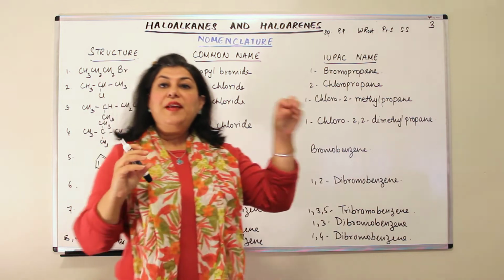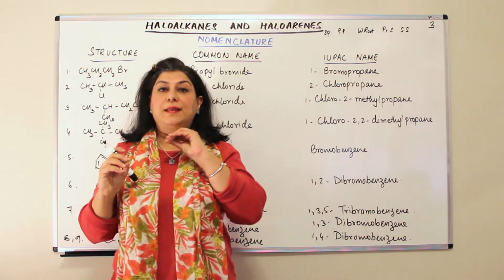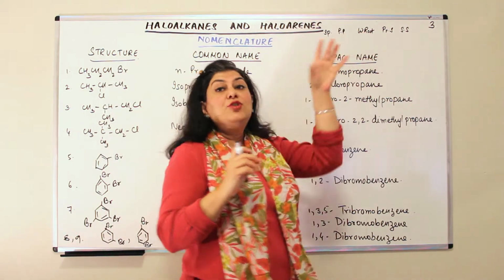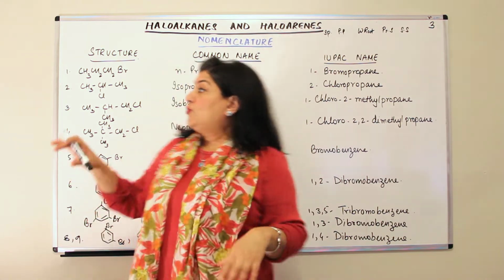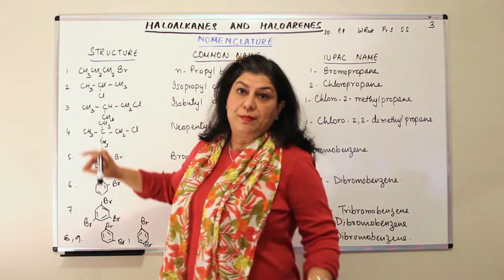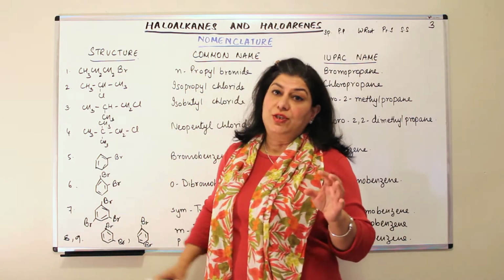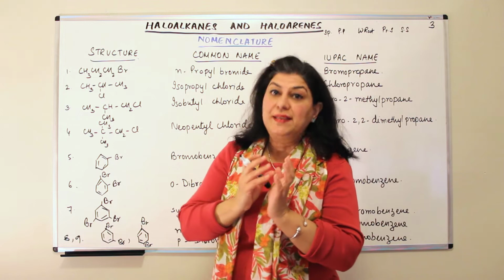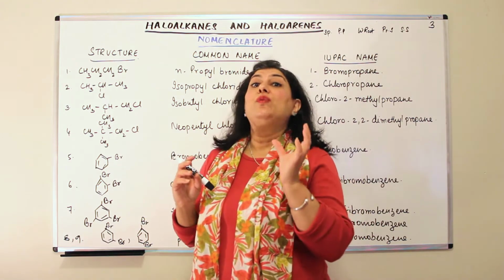That is it. Every IUPAC name has 5 parts. The word root tells you the number of carbon atoms. So you choose the longest chain and see the maximum number of carbon atoms in the longest chain, and that becomes the parent hydrocarbon, and that gives you the word root.